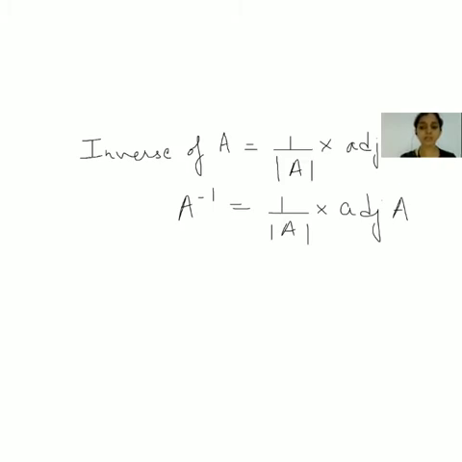Let us take a simple example to first understand the method. Then we can go for a 3 by 3 matrix. We'll start with a 2 by 2 matrix first. Example one: let us say we are taking a matrix A equal to 1, 2, 3, and 4.